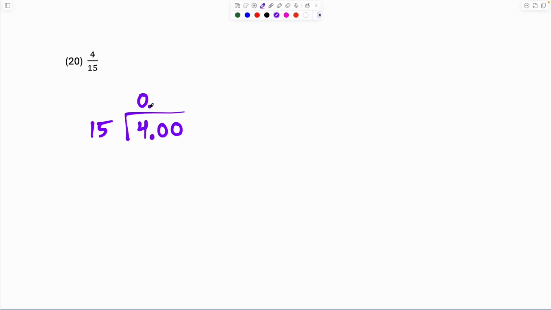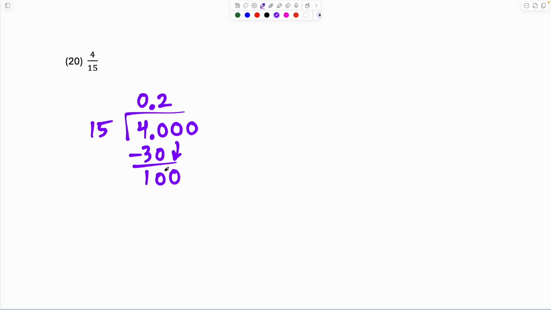So what I'm going to do is I'm going to put the decimal right above. I'll just make this a little neater. I'm just going to line it up with the decimal over here. So now I could look next to 40 divided by 15, and we could get as close as 15 times 2. Okay, so when I do 2 times 15, I get 30, and then I subtract, which gives us a remainder of 10, and I bring down the next 0. And from this part on, I could just keep adding extra zeros as I need them.